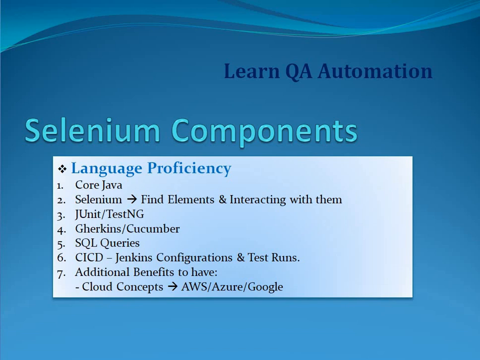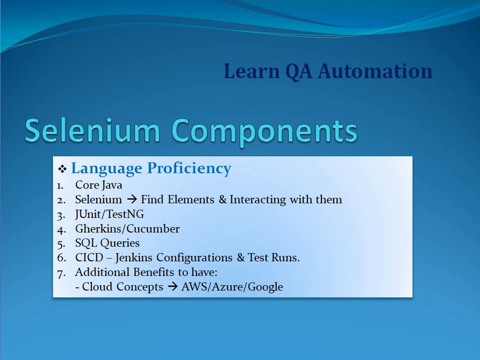So what's next? These are mostly Selenium components. Selenium mostly focuses on browser automation. To automate the browser, you need to have Selenium as one of the tools available, which is free. It supports various languages.